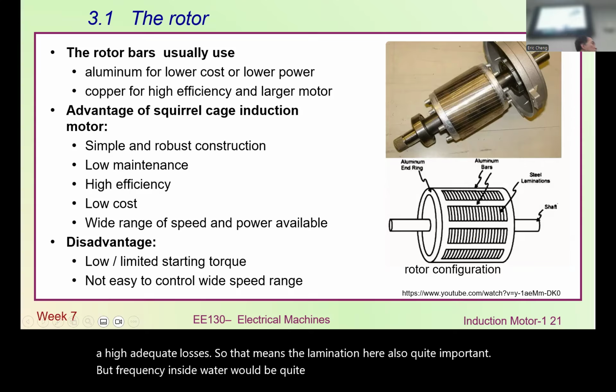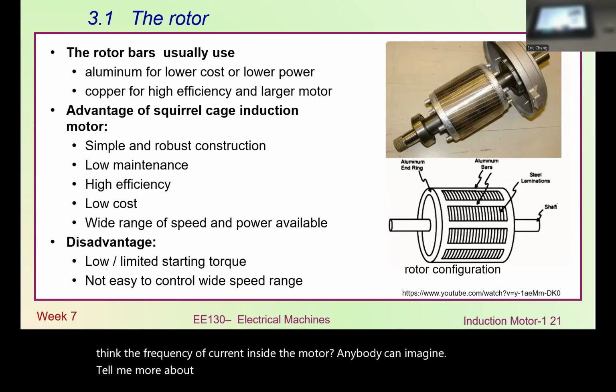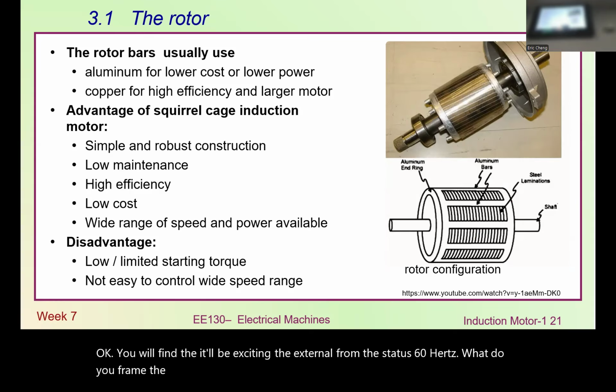Anybody can tell me what you think the frequency of the current inside the rotor is? Anybody can imagine or tell me more about that? What do you think? If we excite externally from the stator at 60 Hertz, what do you think the frequency of the current inside is?